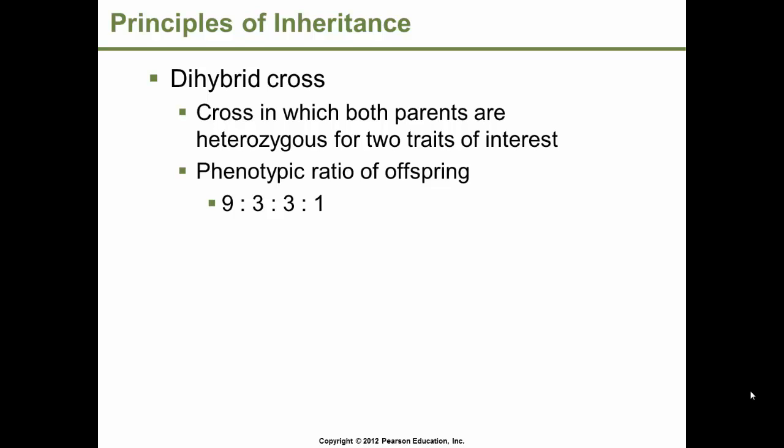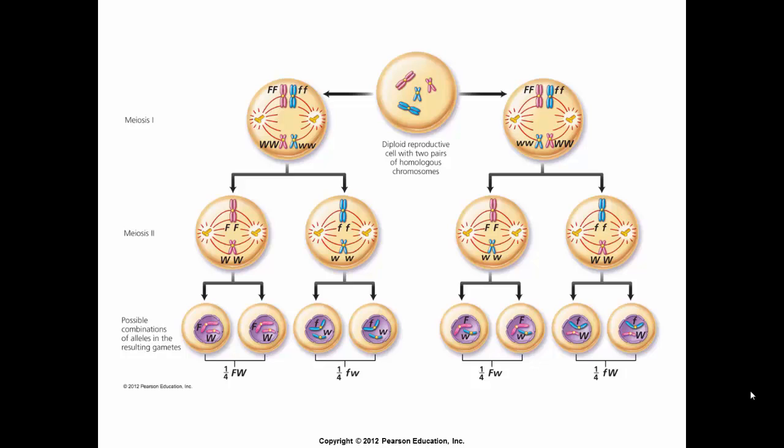The phenotypic ratio of offspring that would be received from this would be the 9 to 3 to 3 to 1. So this takes us through meiosis 1 and meiosis 2, showing us the possible gametes that could be produced.